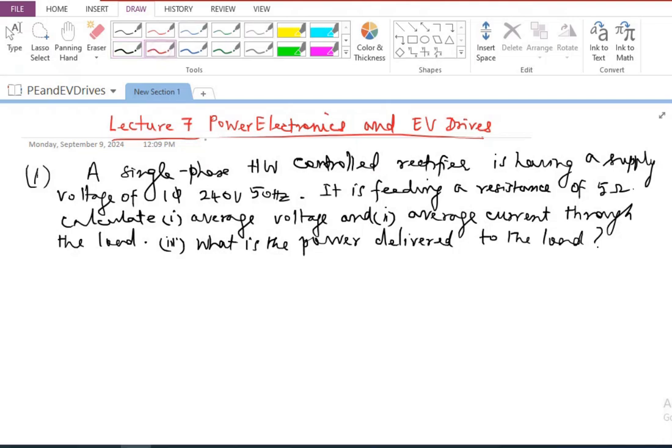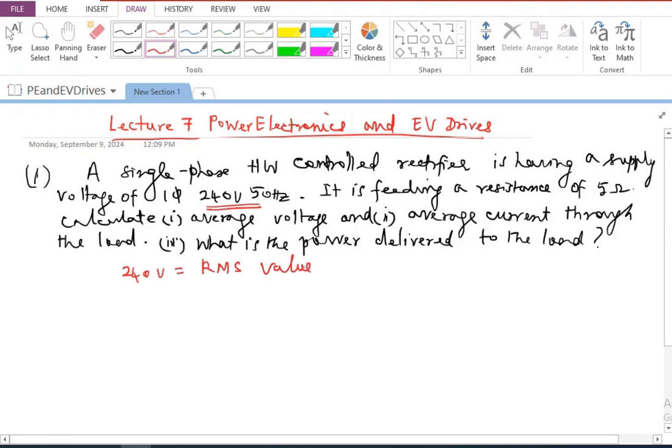One thing I would like to underline repeatedly is when you are given 240 volts 50 hertz, 240 volts is the RMS value, root mean square value, unless it is mentioned otherwise. Always in three-phase case, line voltage RMS is given.